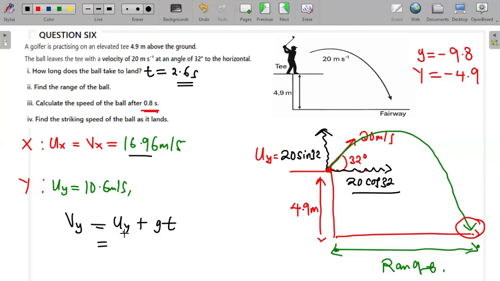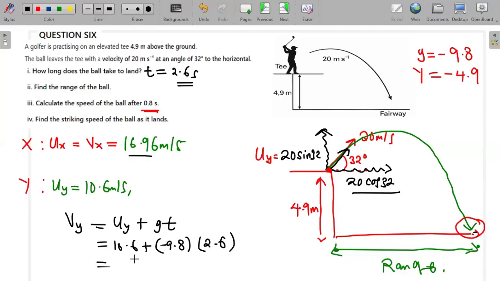So this will be equal to the initial, which is 10.6, plus g. Because the motion initially opposes gravity, we say it's minus 9.8. Then the time, when it reaches here, we already found it is 2.6. So we put 2.6 there and multiply to see what we get.